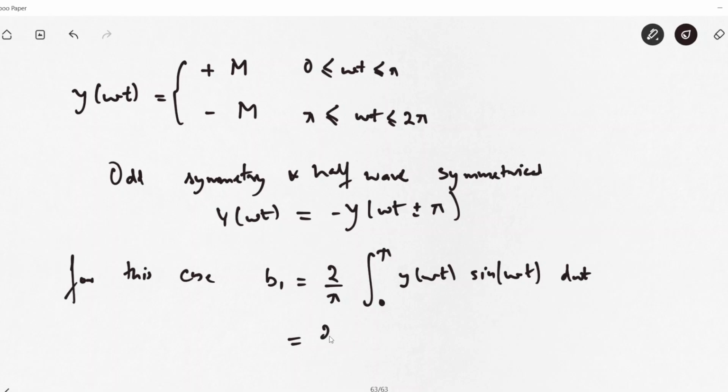That means 2 by pi, this becomes equal to after integration minus m cos of omega t from 0 to pi, where y of omega t is equal to m from 0 to pi.